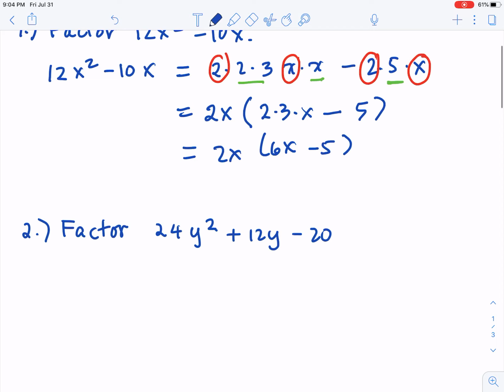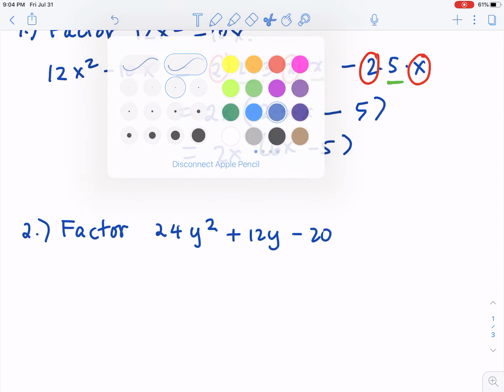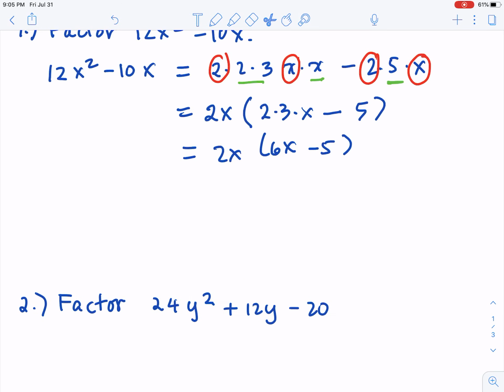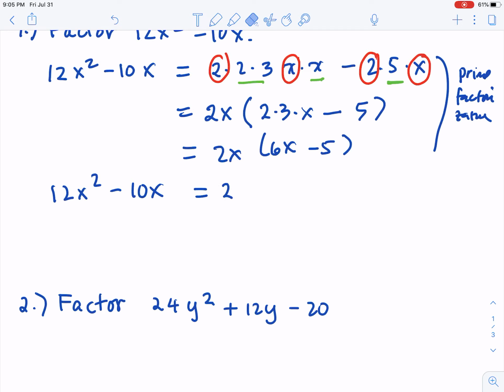Again, you can also get the GCF of 12 and 10, and the GCF of x squared and x. So this is by prime factorization. By GCF, 12x squared minus 10x. Ano ang GCF ng 12 at saka 10? That's 2, di ba? So, dapat may 2 sa bawat factor. So, 2 times 6.